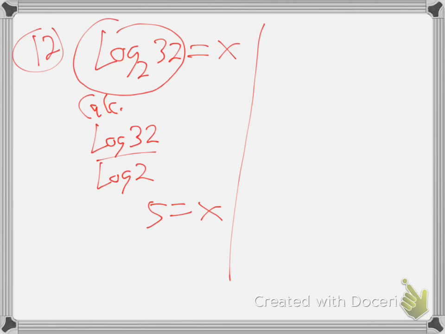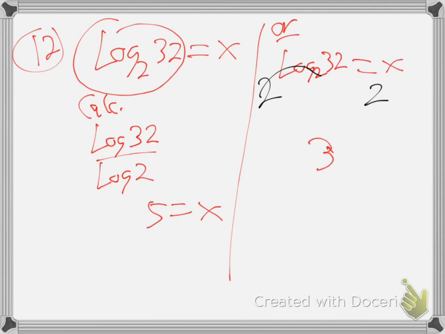Now, let me show the other way. I'll say or, because if you were thinking, what about the stuff we learned? Yeah, you could totally go 2 to both sides, and that would cancel this out. That's the other way. And then that would be 32 is 2 to the x.